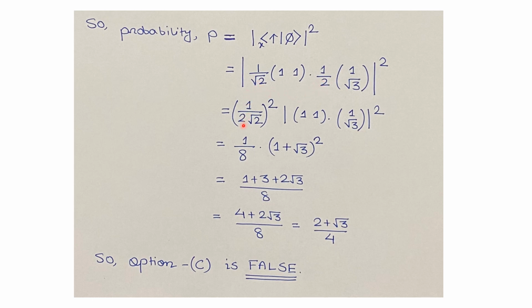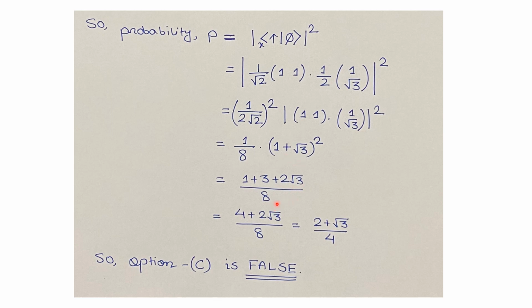So it will give (1 by 2 root 2) whole square times the mod square of the product between these two matrices (1, 1) and (1, root 3). So this will give |1 plus root 3| whole square, times 1 by 8. So we get effectively 1 plus 3 plus 2 root 3. So this is (1 plus root 3) whole square divided by 8.